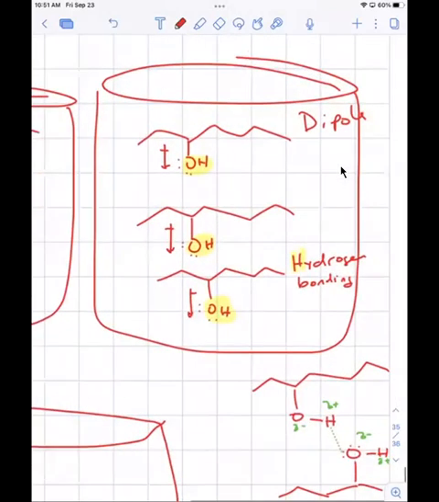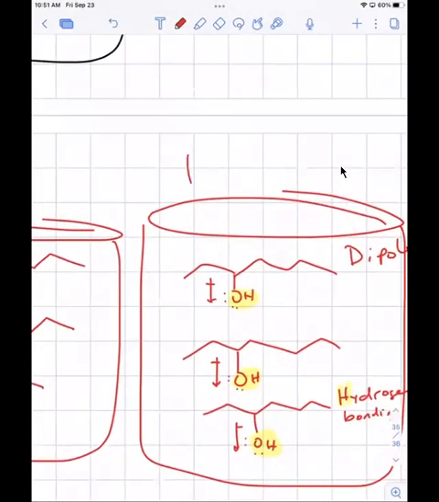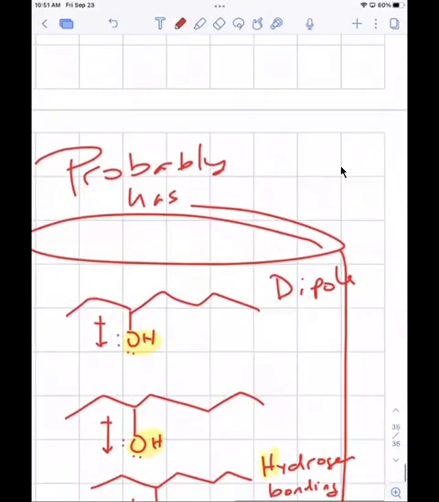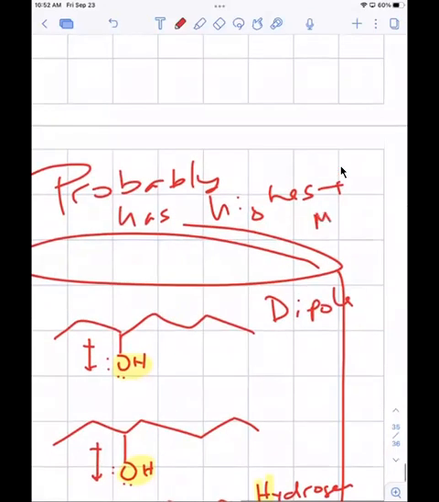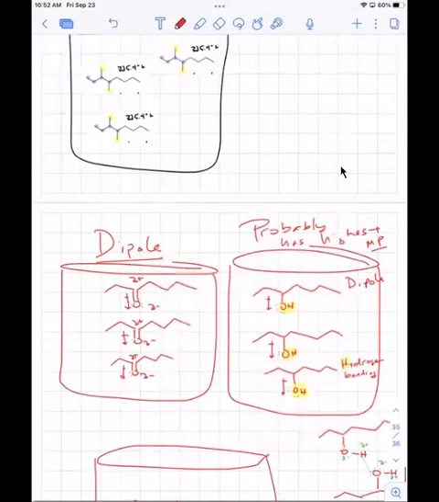This one. Yep. Because your physical properties are affected by what intermolecular forces are present. So if you have both dipole and hydrogen bonding, then more than likely that alcohol is going to have your highest boiling point.